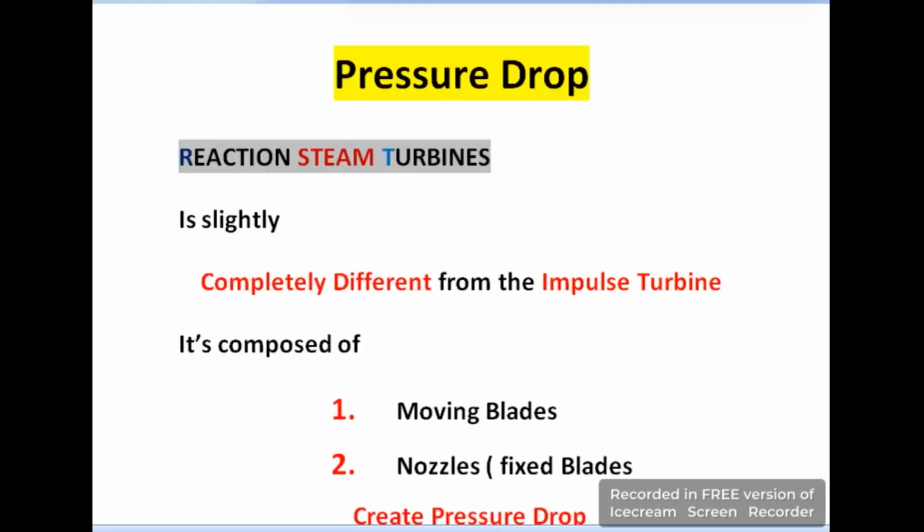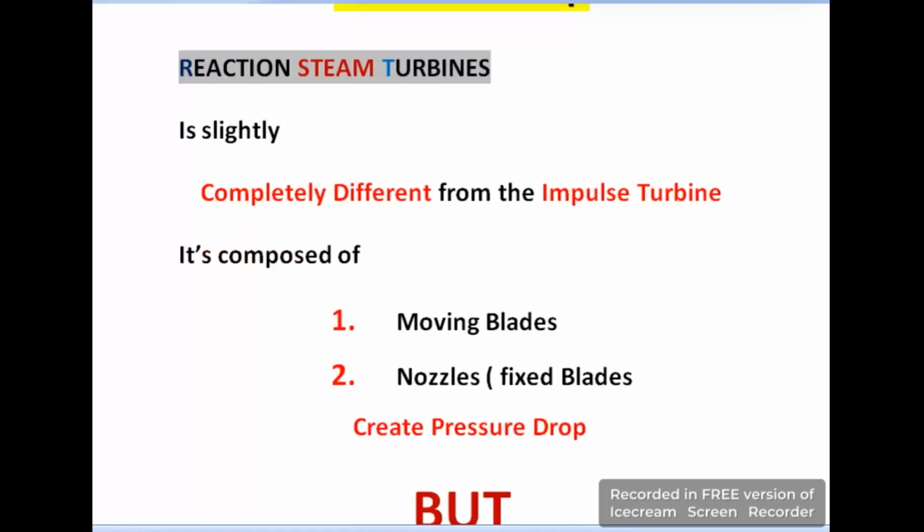Now we will talk about the pressure drop concept in both types of steam turbines. Reaction steam turbines are completely different from impulse steam turbines due to their construction, as reaction steam turbines are composed of moving blades and fixed blades acting as a nozzle.